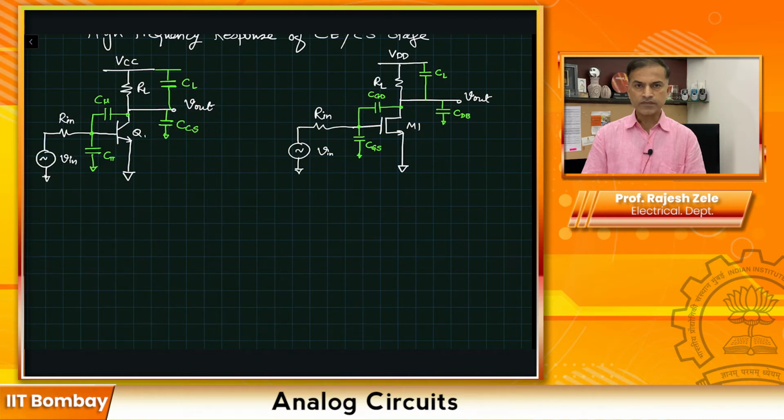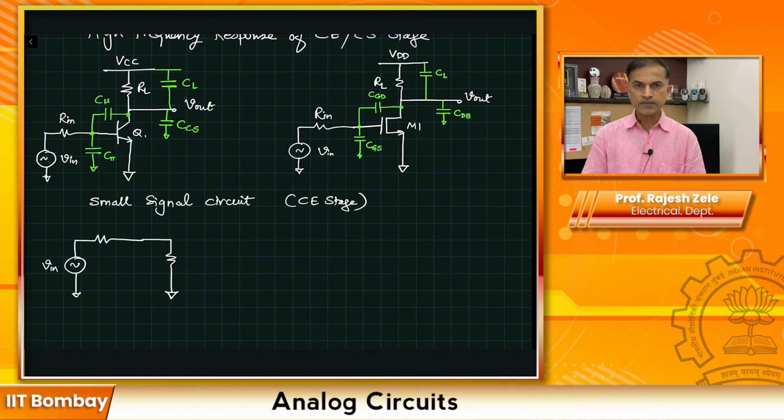So the small signal circuit for the common emitter stage, I would recommend you draw it on your own first and then insert the capacitances in the picture. So in this case, we are assuming that Rout is much greater than RL, and hence we are ignoring it. Now we will add the capacitances for the bipolar in this picture.